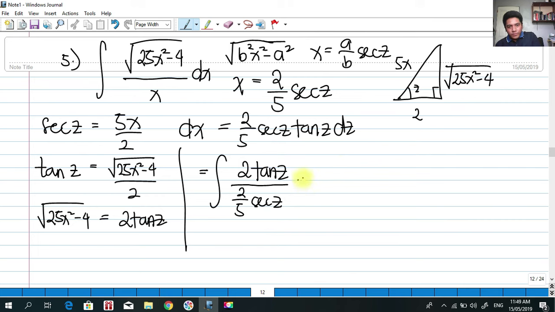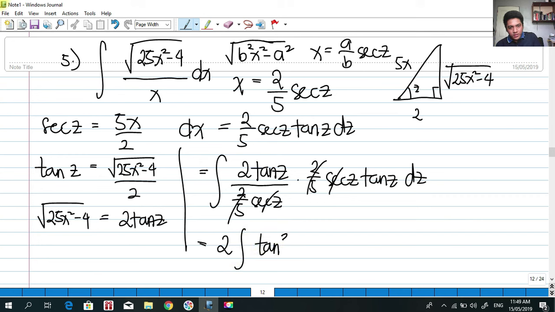Our dx is 2/5 secant z, tangent z, dz. So as you can see here, 2/5 will cancel as well as the secant. Then we are left with what? 2 tangent z times tangent z. We can factor out 2, the integral of tangent squared z dz.